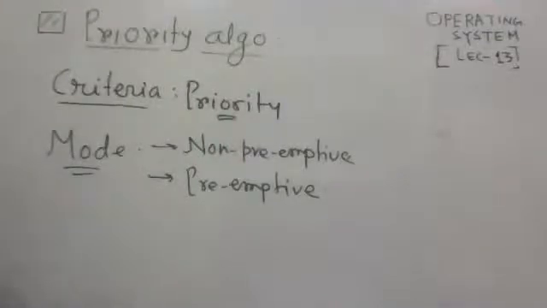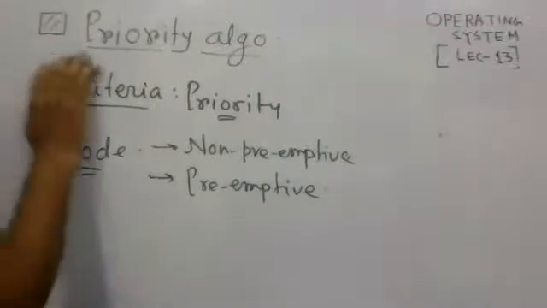In this algorithm we have to solve a numerical on non-preemptive and another numerical on preemptive. So these are the basic points on the priority scheduling algorithm. I hope these points are very clear to you.